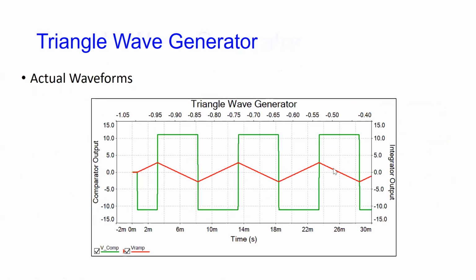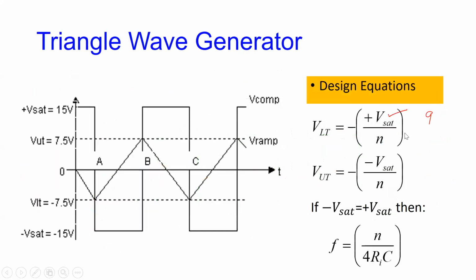So let's say you want a 5-volt output, in other words I want my output to go from plus 5 volts to minus 5 volts. That allows me to determine this little constant here. If this is 5 volts and this is 9, it means that the constant N is plus or minus 9 over 5.